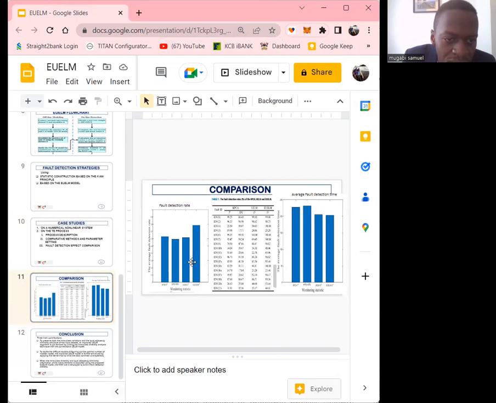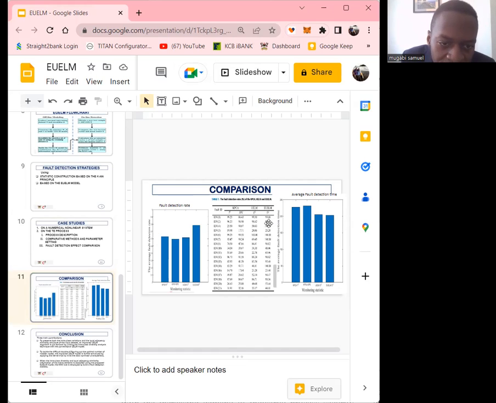But on these graphs, they show that after running the models, the fault detection rate was higher. We are mainly interested in this right bar, which is the enhanced unsupervised extreme learning machine. Its fault detection rate was higher than all the others, as you can see in the graph here. And it is also indicated here in this table. You can see that here, this is the unsupervised ELM, but then this is the enhanced unsupervised ELM.